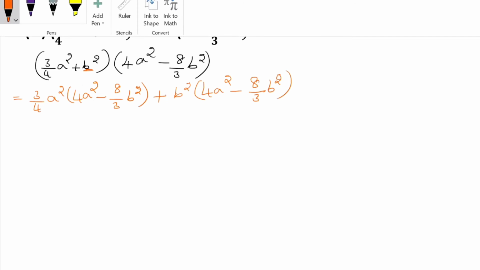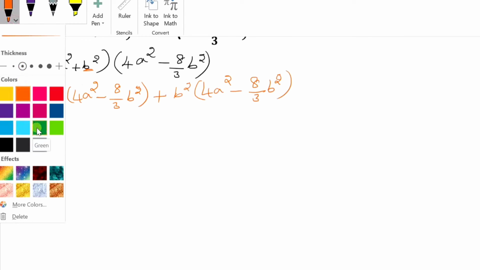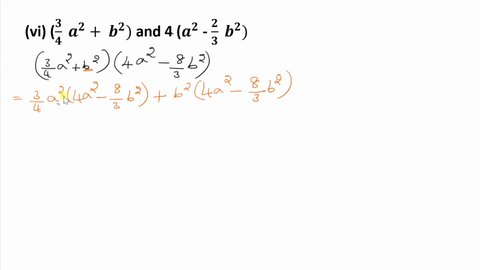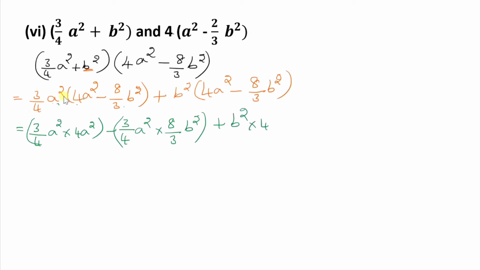Now, again this is the product of a monomial and a binomial. So, this is 3 by 4a square into 4a square minus 3 by 4a square into 8 by 3b square, plus b square into 4a square minus b square into 8 by 3b square.